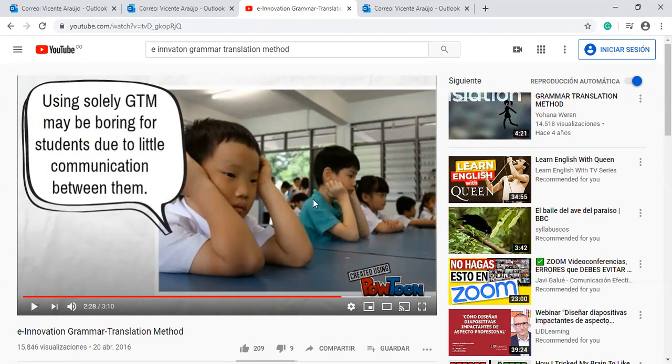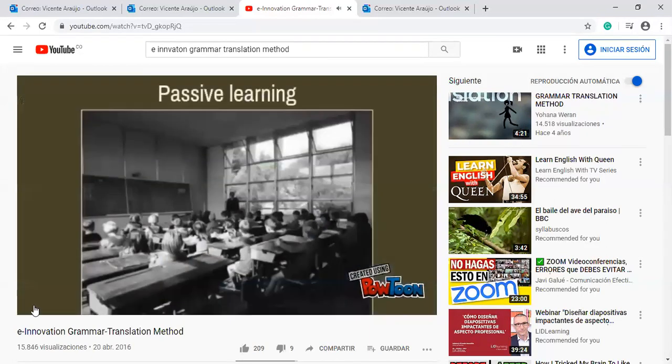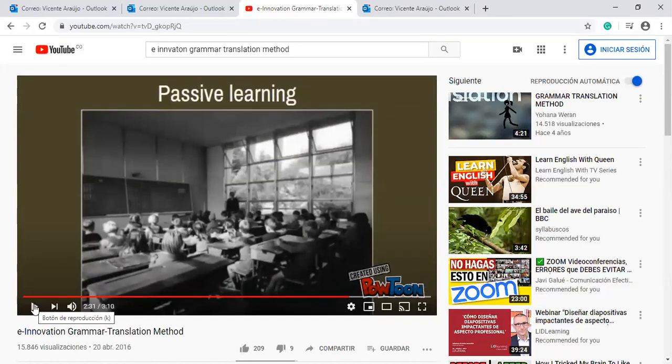There is no communication. Look at this graphic. Passive learning. Students do not participate so much in class, just for asking questions about words or vocabulary.